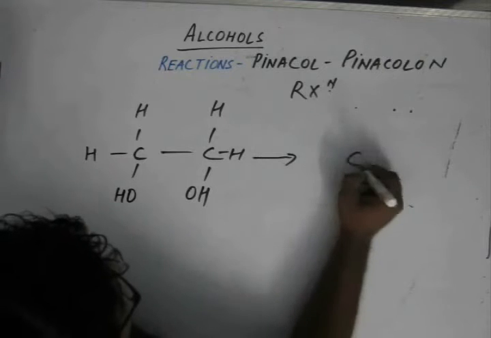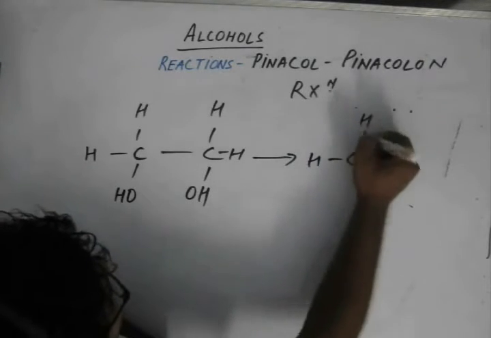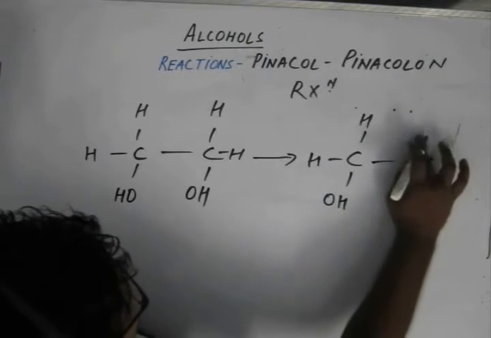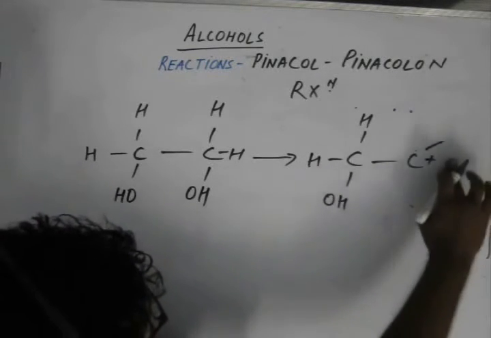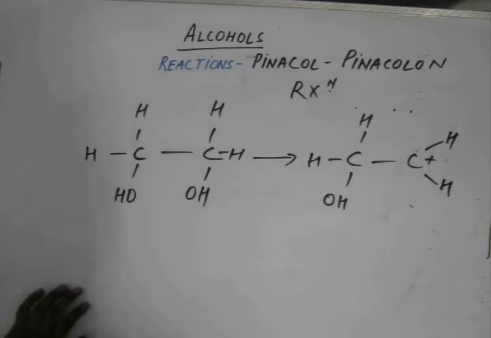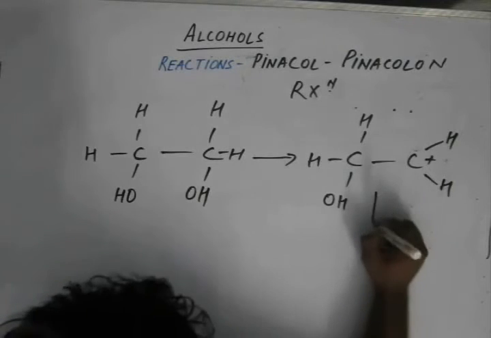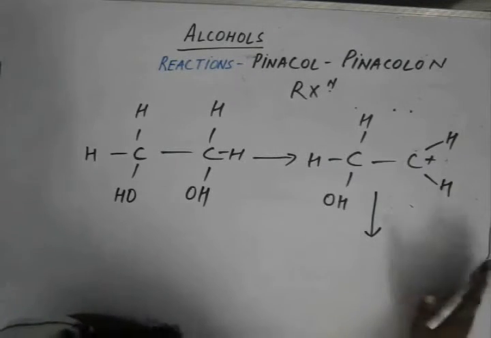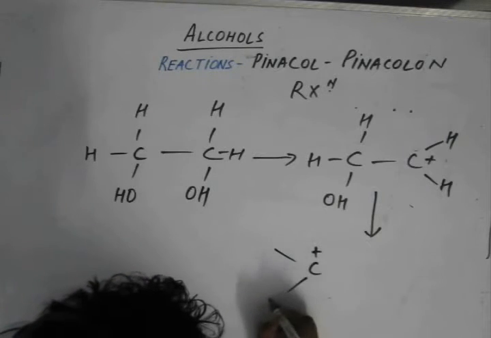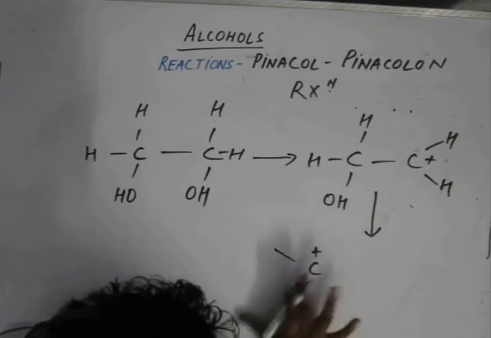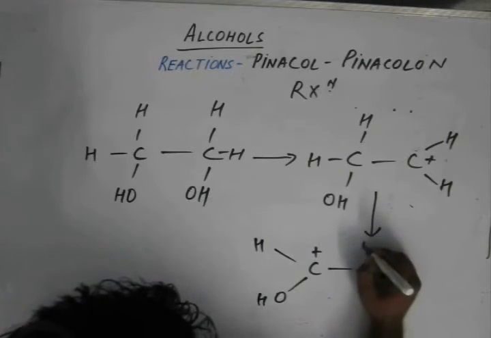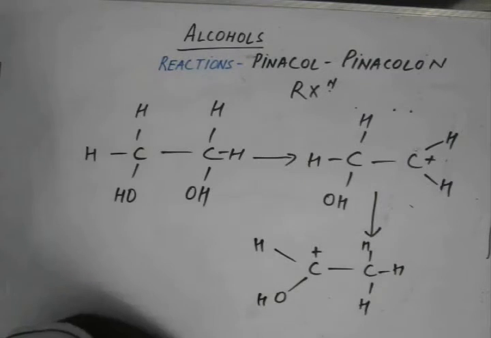So we are left with CH, OH, C+, H and H. Now this carbocation will be stabilized by rearrangement. So we'll be left with OH, H, C, H and H.